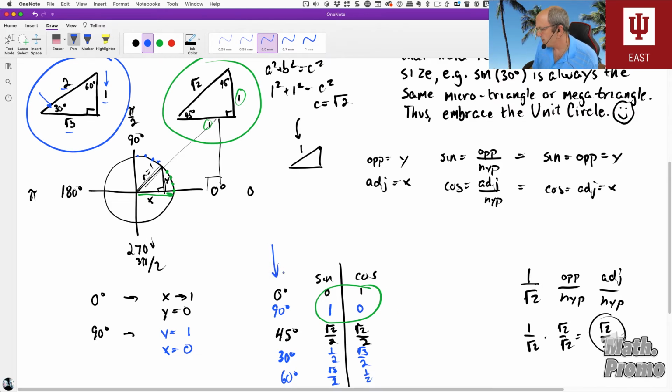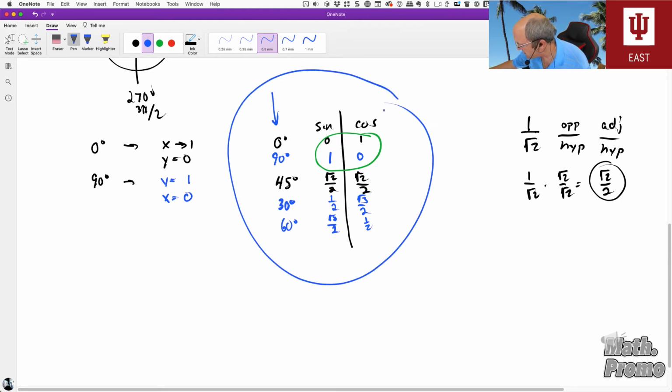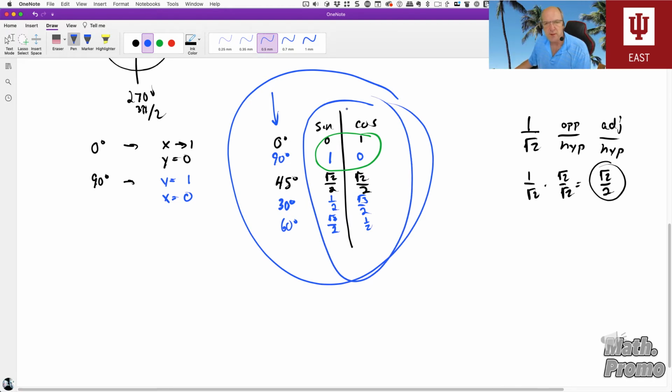5 values, 5 angles, and in all of these, there are only 5 absolute values. Okay? So if you have to memorize, can you memorize those 5 values and then figure out where you got to stick them?